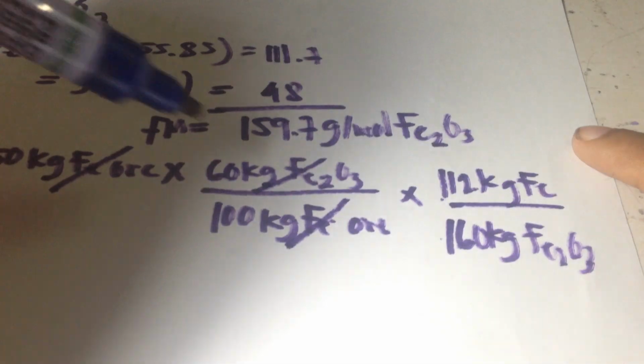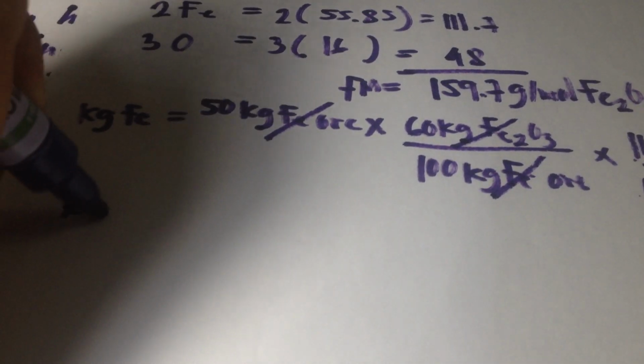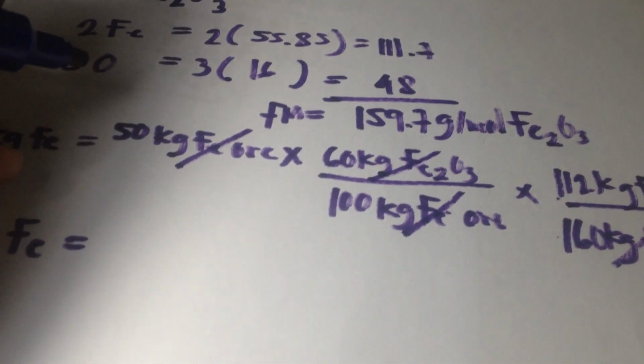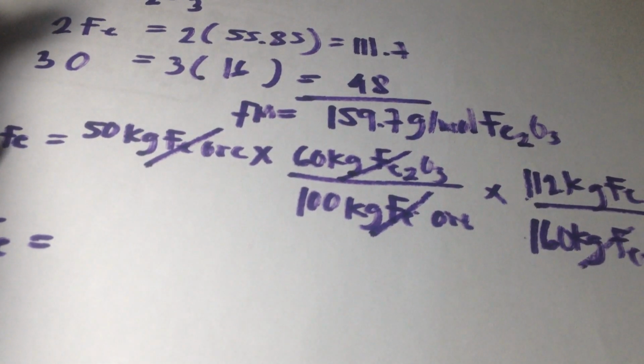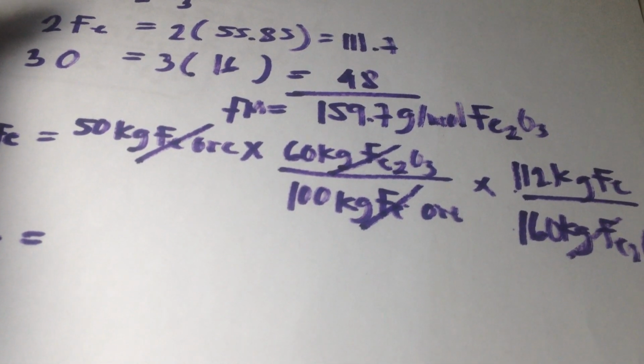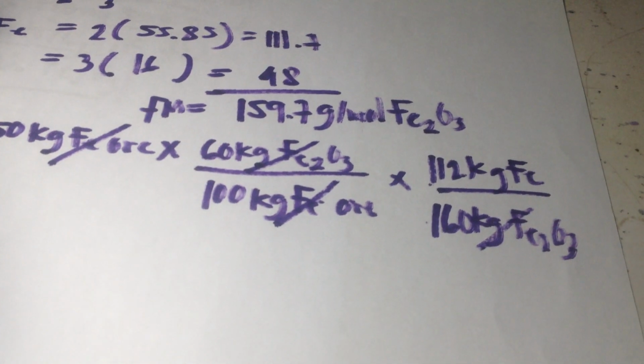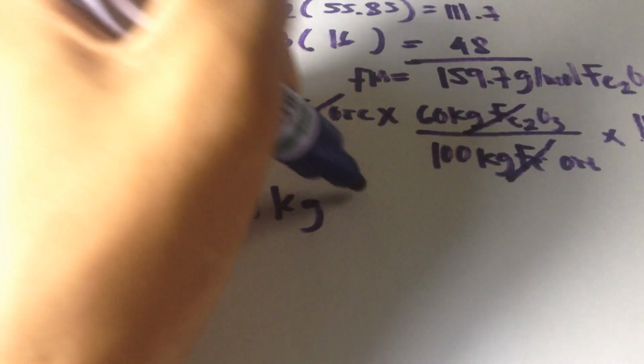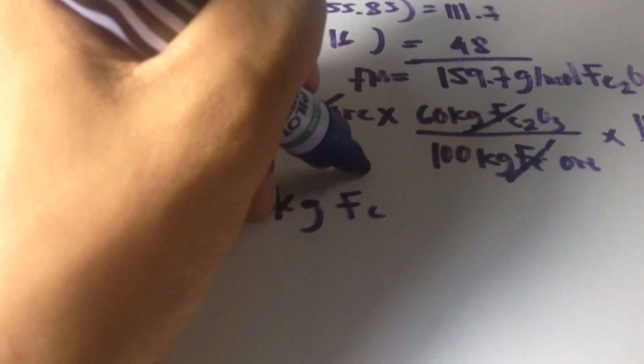So kilograms of iron equals 50 times 60 divided by 100 times 112 over 160, which is equal to 21 kilograms of iron. So that's it.